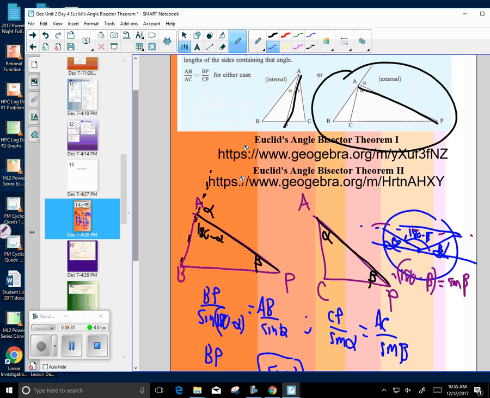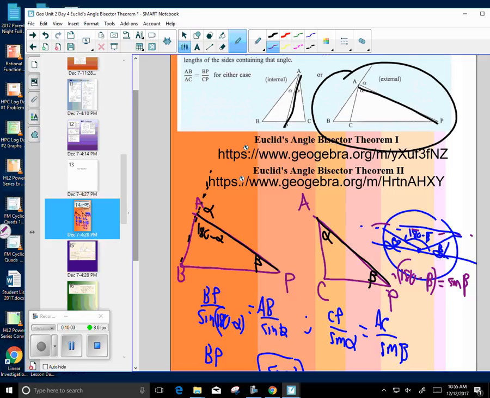So for the first one, we did with your fingers, we had the outside ratio to those thumb ratios. For this one, now what you're going to do is you're going to have still AB to BC, but then the other one is going to be AC to the whole BC, or CP.